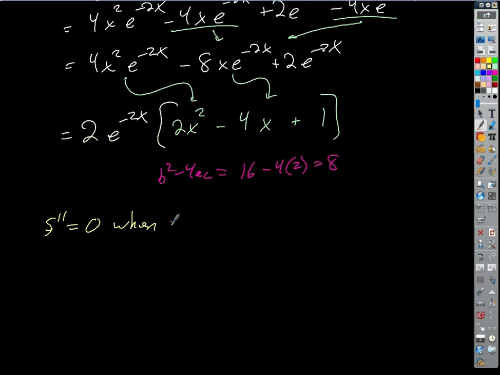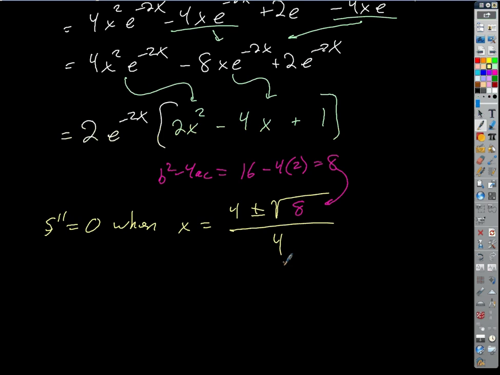So f double prime equals 0 when this factor equals 0, right? So let's just apply the quadratic formula. x equals negative b plus or minus the square root of the discriminant, which we already calculated, divided by 4.